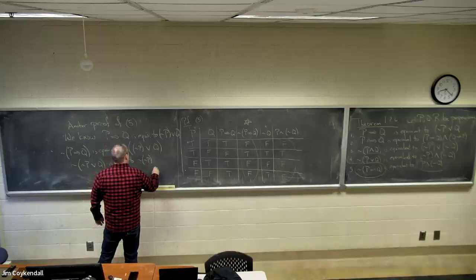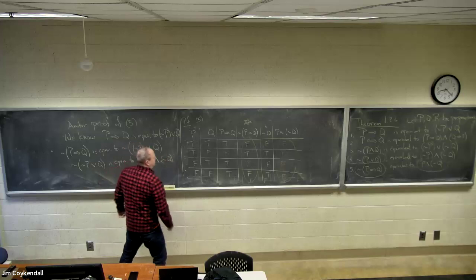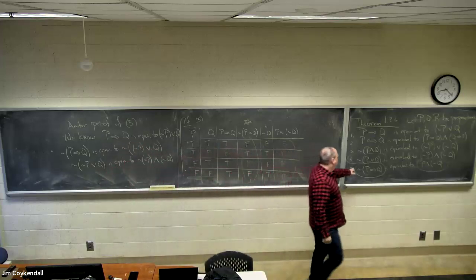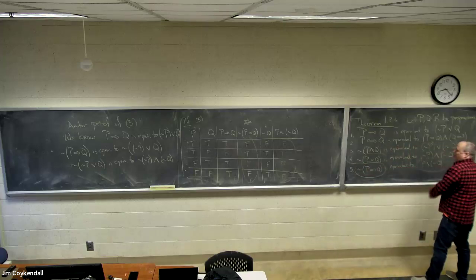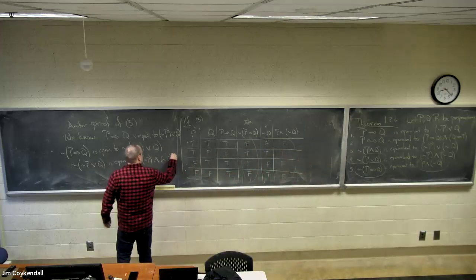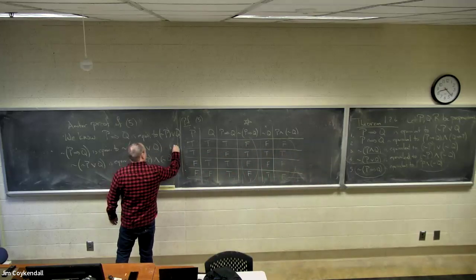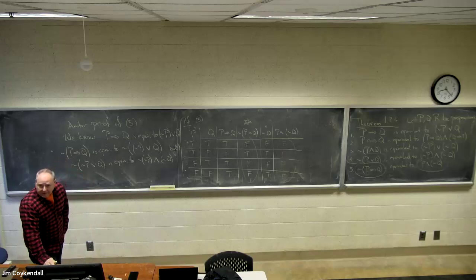Not P and not Q. This is by 4. To not (P or Q), it's not P and not Q. Everybody follow that?